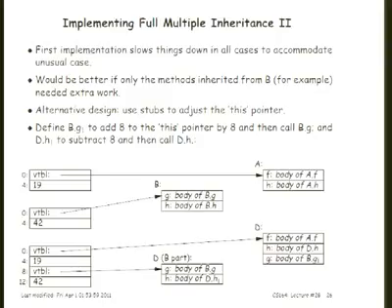Now, there's still one feature of C++ that I haven't talked about, because it's getting a little out there, and that is virtual base classes. So one of the unfortunate complications of multiple inheritance is that if you inherit from two classes, both of which inherit from a common class, you get one of those diamond things.